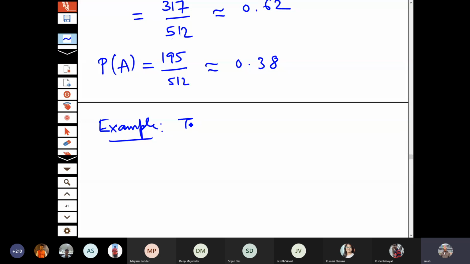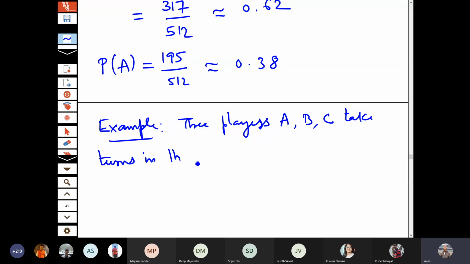So 3 players, A, B, and C, take turns in throwing a dice in order A, B, C, and so on. So A, B, C, then A, B, C again like that.